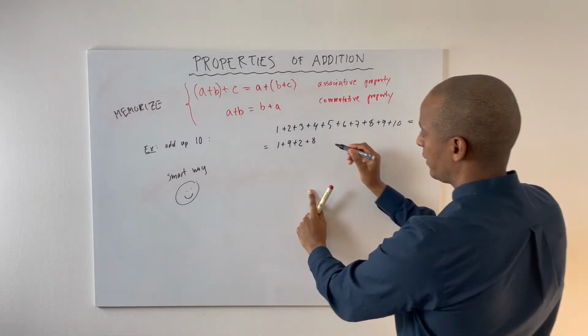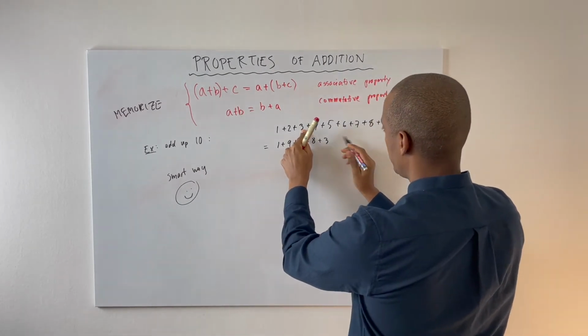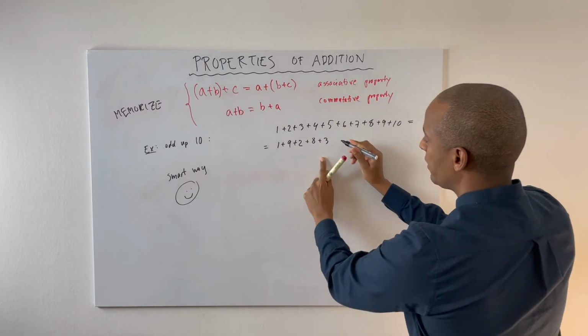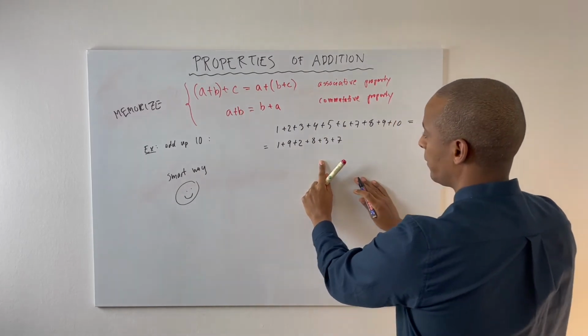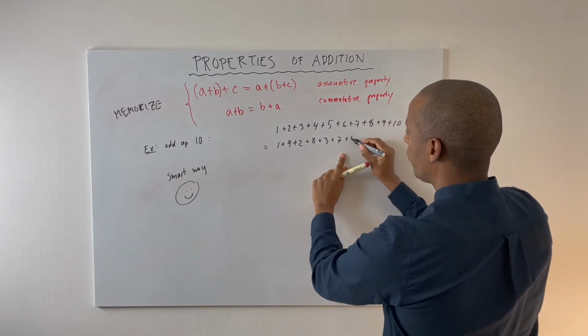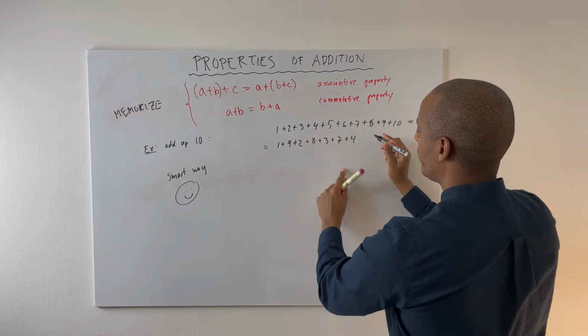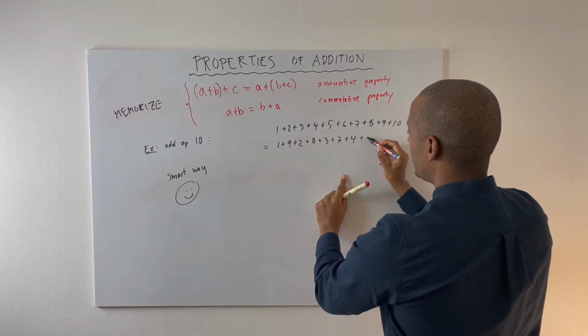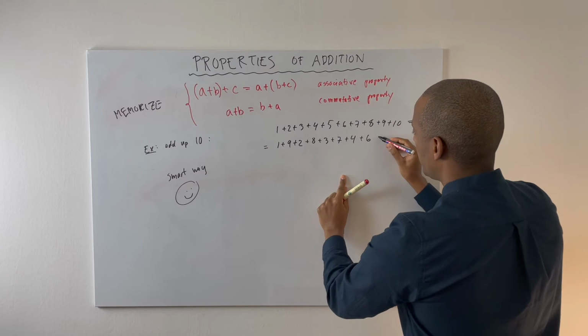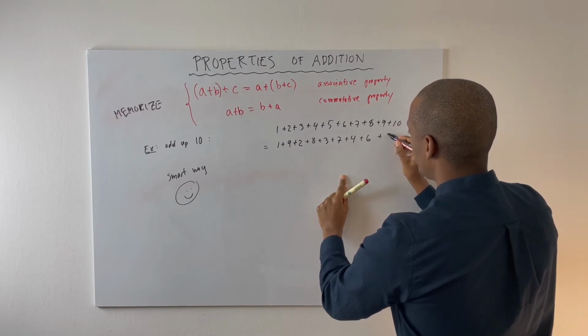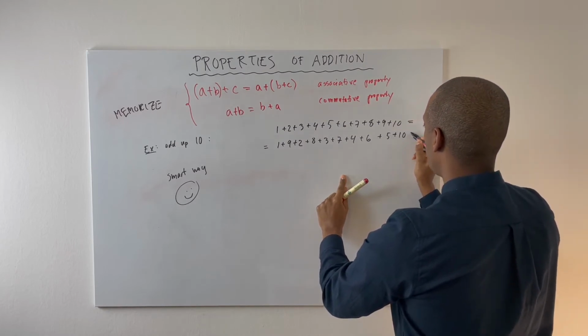You see? And then we have the 3. And then we can switch to 7, we get it here. And then we have the 4, and then we switch between the 5 and 6. We'll get 4 plus 6, and then we have plus 5 plus 10.